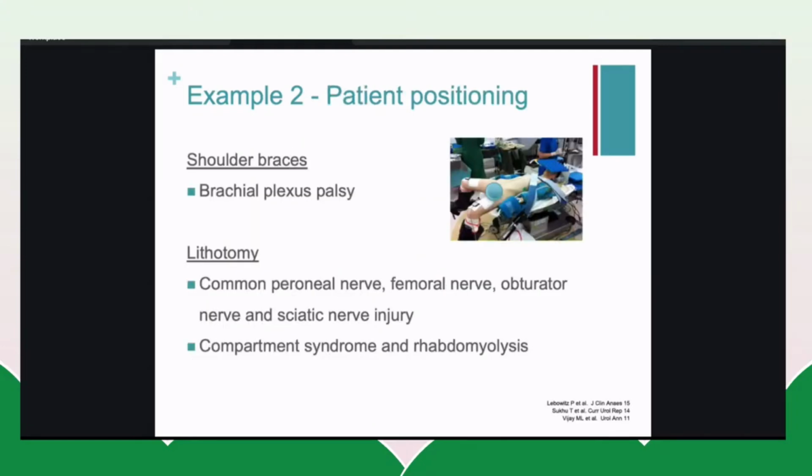So patient positioning can be a concern because if they are too big, the braces may cause brachial plexus palsy, peroneal nerve palsy, and other nerve palsy as well. And in severe cases, it may also lead to compartment syndrome and rhabdomyolysis. And luckily, we seldom see these.